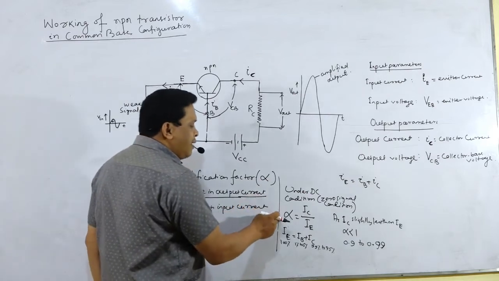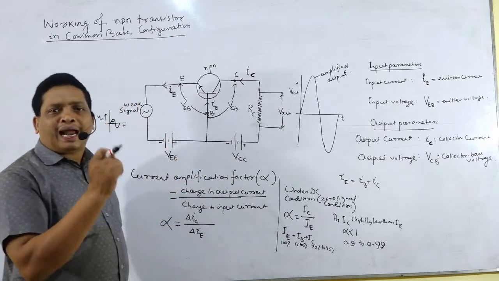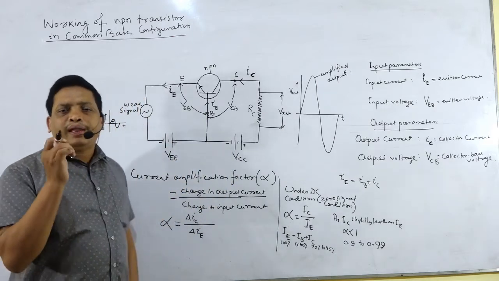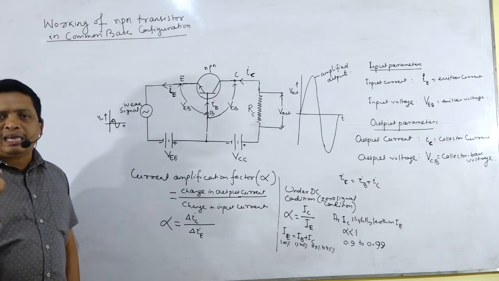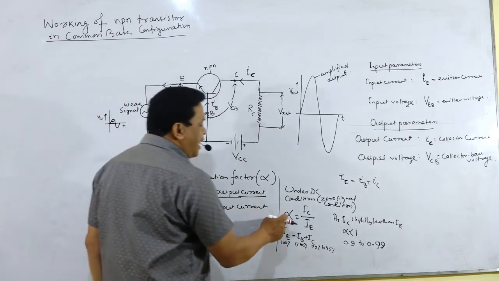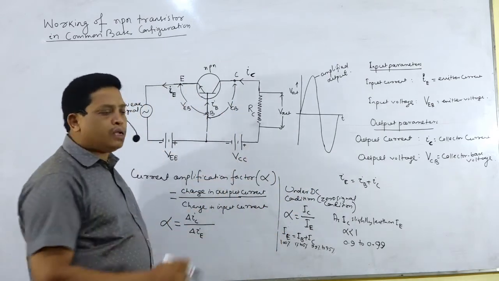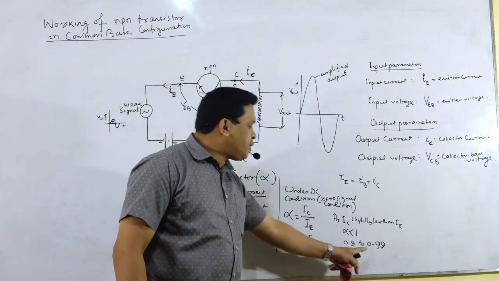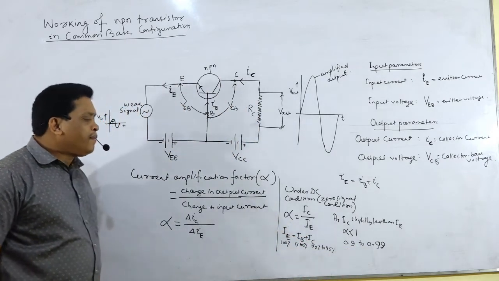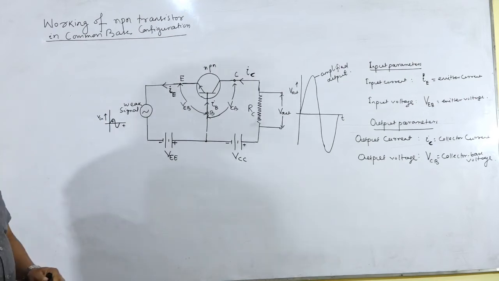Therefore alpha equal to IC by IE, and we all know that IC is very close to IE, but slightly less than IE. Therefore alpha is very close to 1 but slightly less than 1. So for practical transistors, the current amplification factor alpha varies from 0.9 to 0.99.